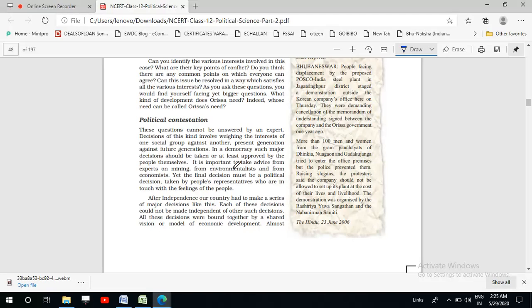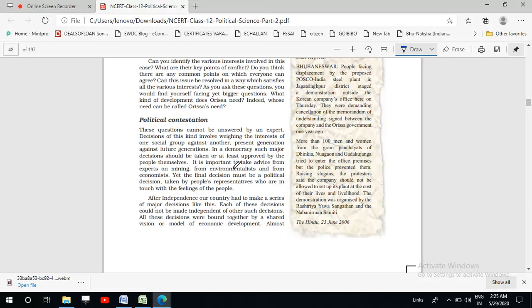So such decisions are needed to be taken by the people themselves because we are in a democracy, and when we are talking about development in a democracy, all the decisions regarding development must be taken by the people.